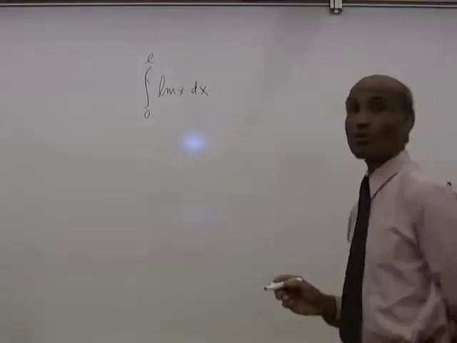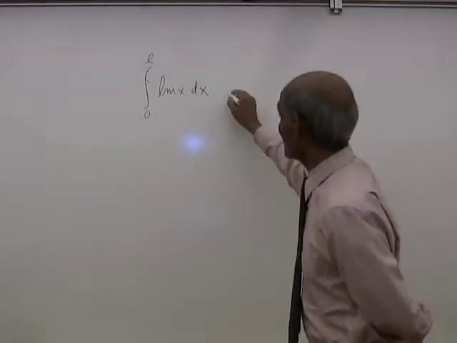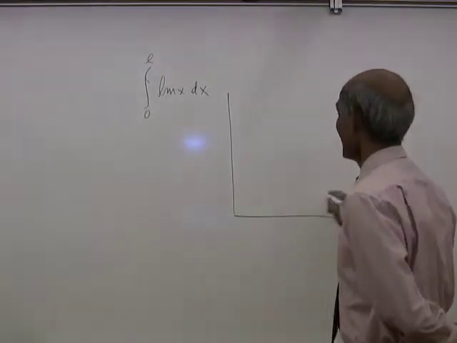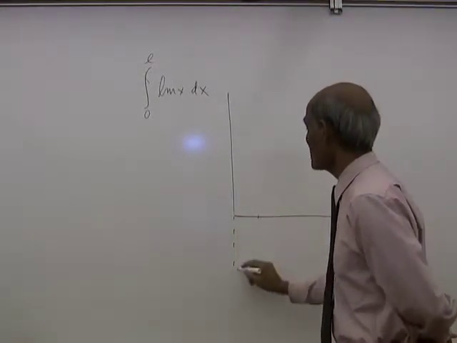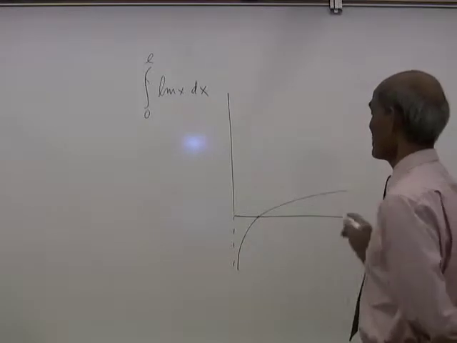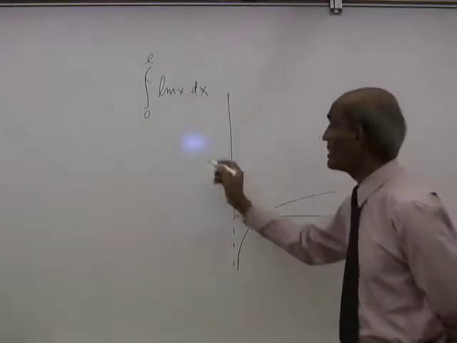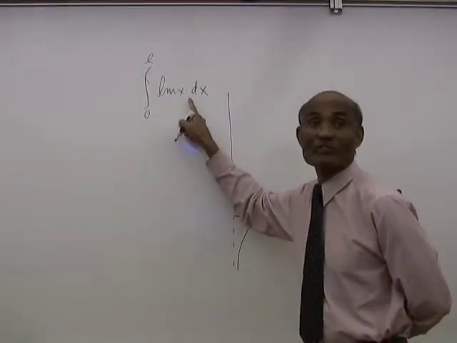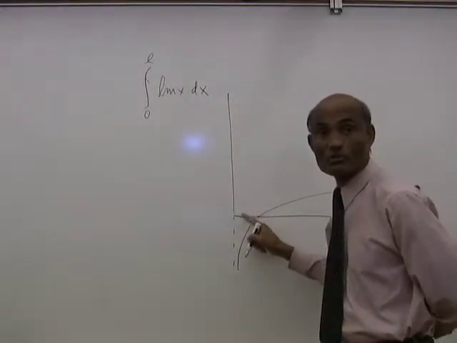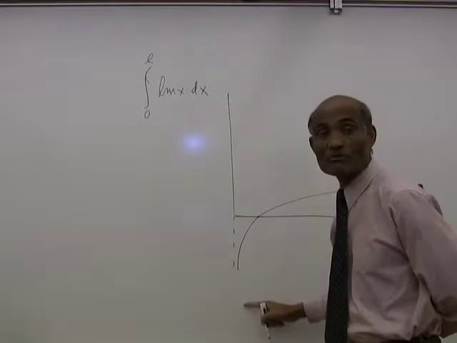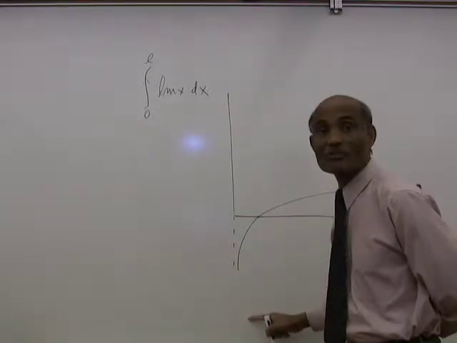Now, what is improper about it? Let's draw the graph of this. The graph of ln x will be something like this. Is this function defined at x equal to 0? As x gets closer and closer to 0 from the right, the function value goes to negative infinity.